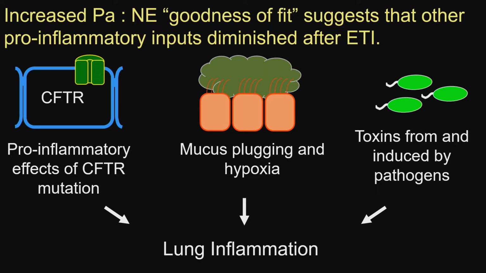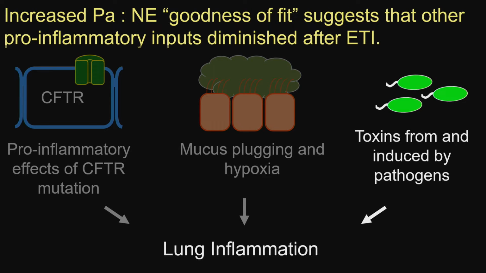All these factors induce lung inflammation in CF. Now, our data showing that the goodness of fit between PA and NE markedly improves post-ETI raises the possibility that some of these other inputs have been diminished in importance. ETI did a good job, perhaps, in reducing these inputs, but this input, the toxins produced by the CF pathogens, may remain the key driver of inflammation in the post-ETI era.